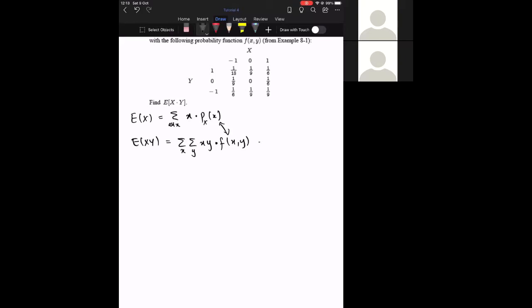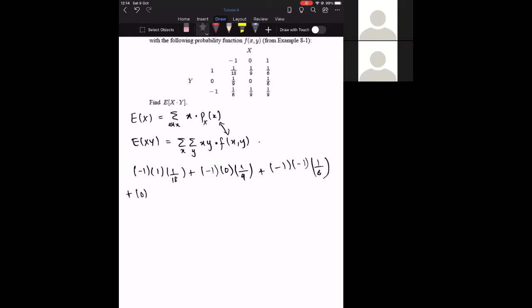And so we'll start with x is -1 and y is 1. And we have the probability 1 over 18, plus x is -1, y is 0. The associated probability is 1 over 9. And so on for the rest of the probabilities.